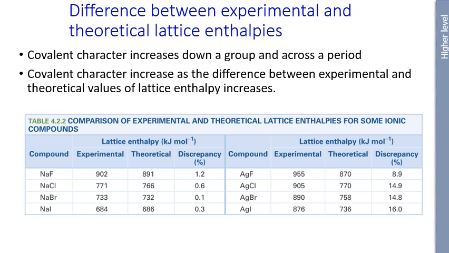So you can see that the salts of silver have more covalent character than the salts of sodium, essentially due to the electronegativity of sodium being a lot lower than silver. And you can see that the discrepancy is more marked in silver as you go down the group: fluoride, chloride, bromide, and iodide, going from 9% discrepancy to about 16%.